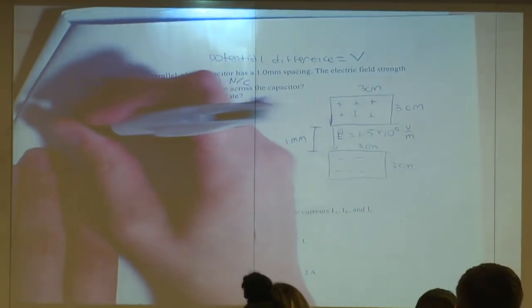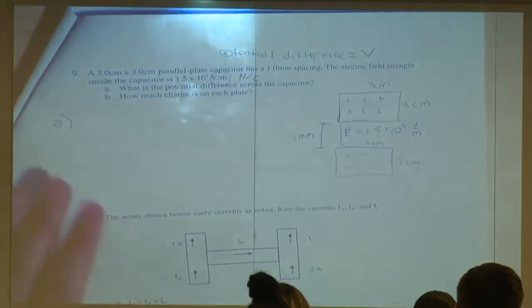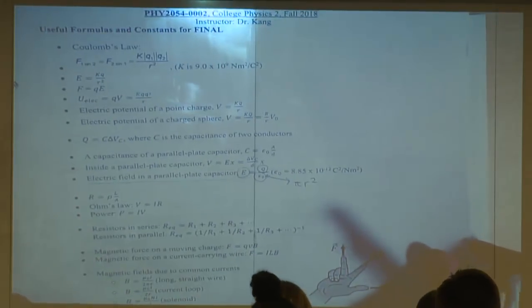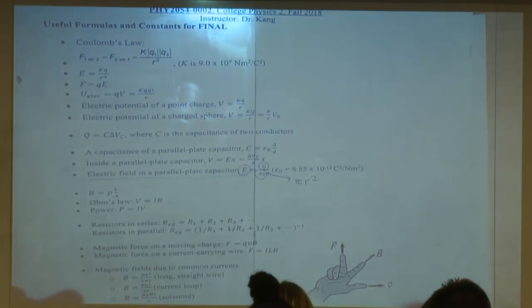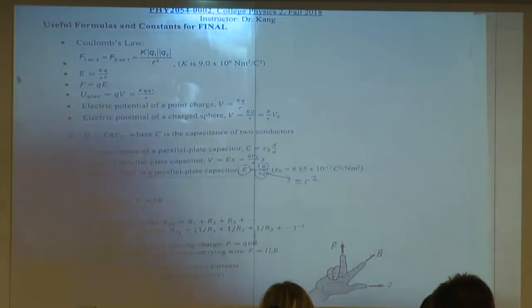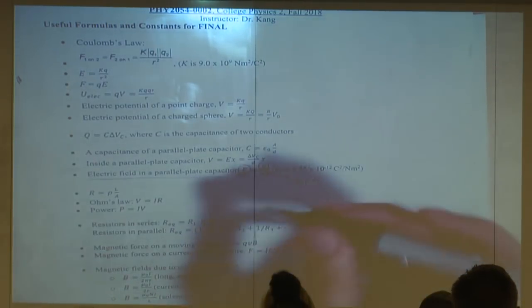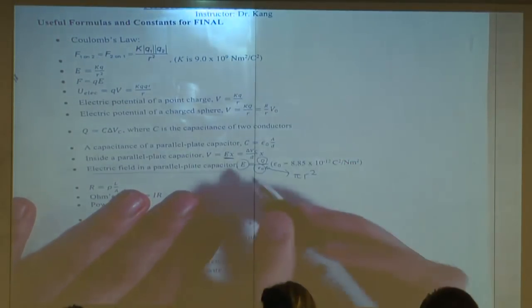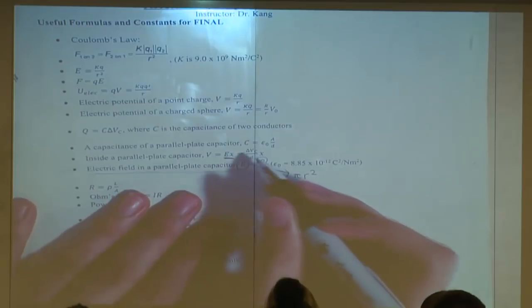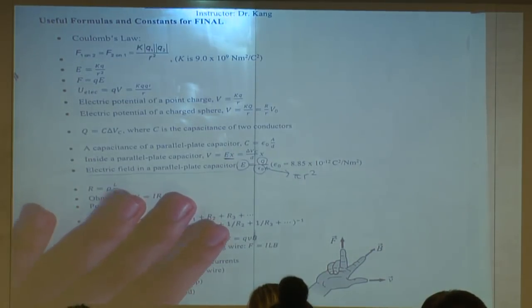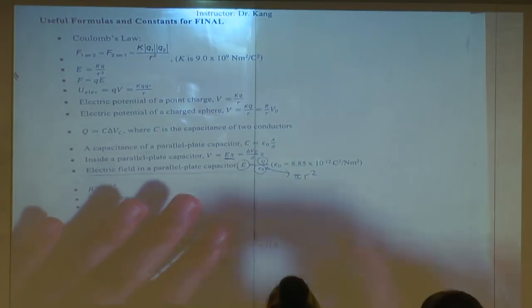Okay, so part A. We're going to look at our equations again. And remember, this is a parallel plate capacitor, so let's find where the parallel plate capacitor equations are. They're kind of down here. Okay, so we have V equals EX. In this question, we're given the electric field as well as the distance between the plates, so you can use that as X. I know that's kind of confusing because usually you think of D as that, but this will also work.